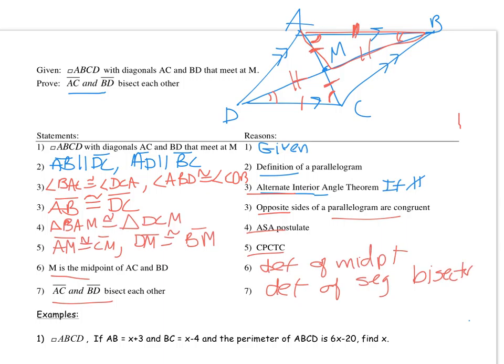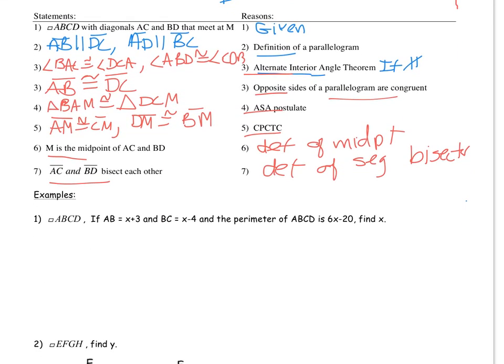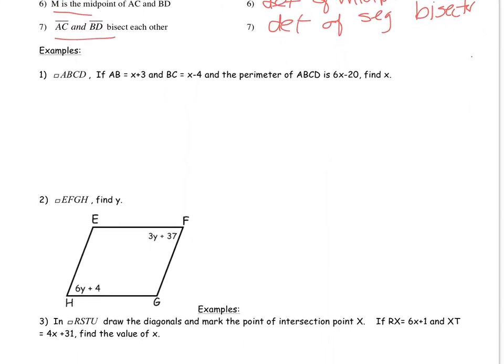Okay, so that's the hard part, doing the proofs. Now using the information from the proofs to do problems is much easier. We have to just keep in mind all the properties that you know about parallelograms and see what kinds of equations we can make from that. So in the first one, AB is x plus 3, BC is x minus 4.